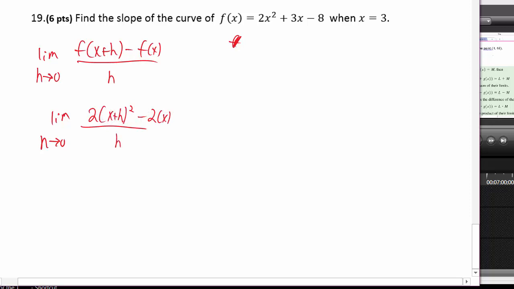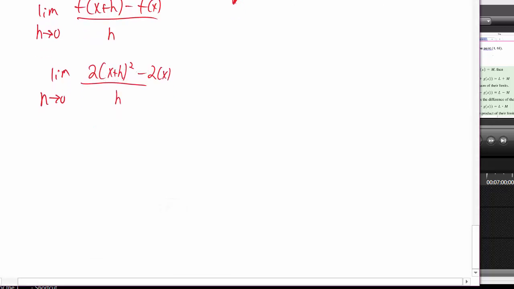Now you can do it this way, but instead I'm going to factor out that 2 right away, so both parts of the numerator have a 2. I'm just going to do 2 times the limit as h approaches 0 of x plus h squared minus x squared, all over h. And it goes much quicker. So the 2 is just hanging out.